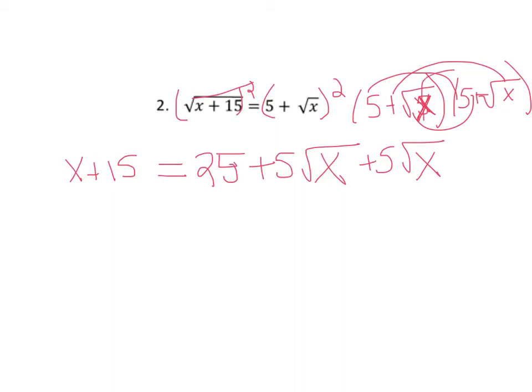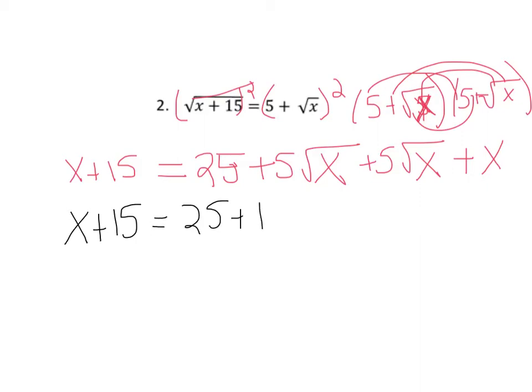And then I get square root of x times square root of x, which is actually square root of x squared, which simplifies to just positive x. Okay, simplifying it down, I still have that x plus 15 equals 25 plus 10 square roots of x plus x.